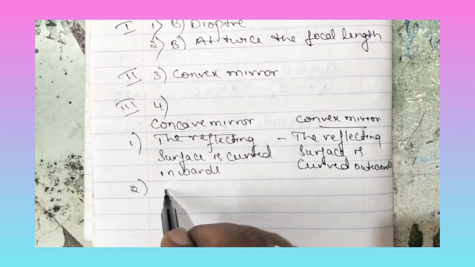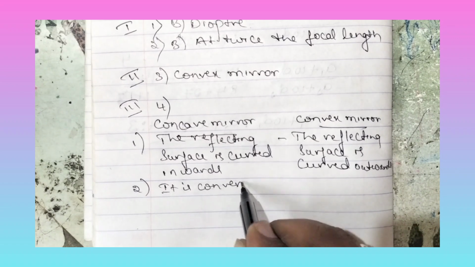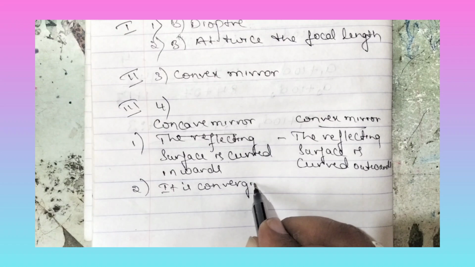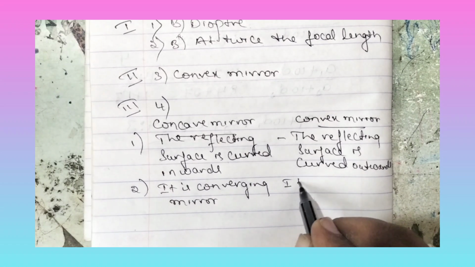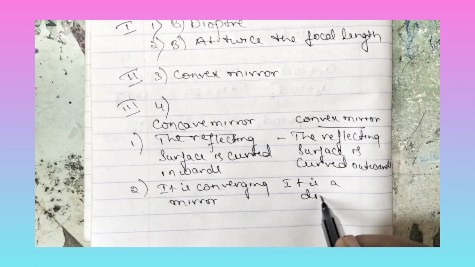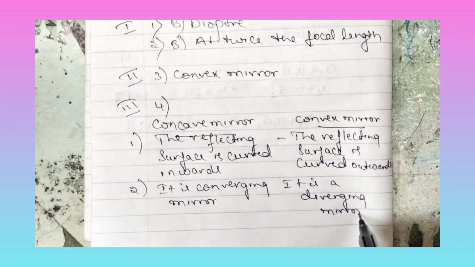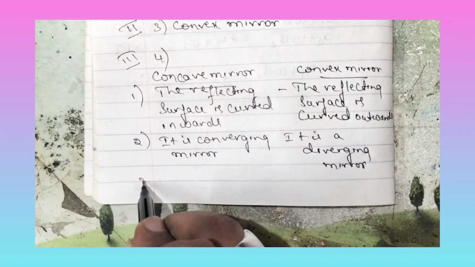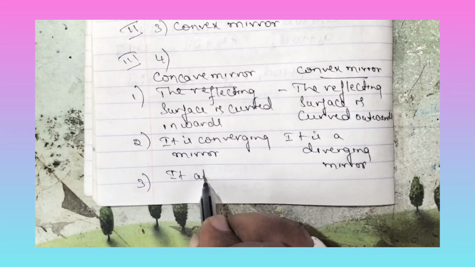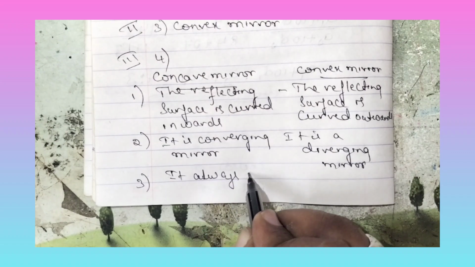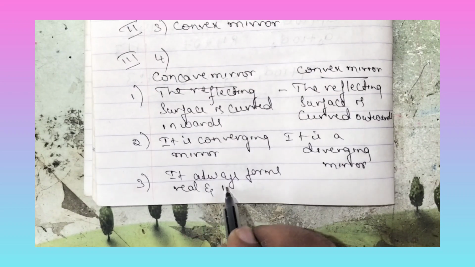Then the second difference is, concave mirror is a converging mirror, whereas convex mirror is a diverging mirror. Concave converging, convex diverging. And next, concave mirror always forms real and inverted image.